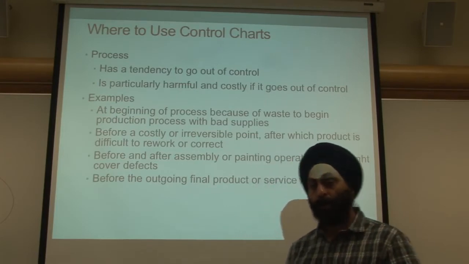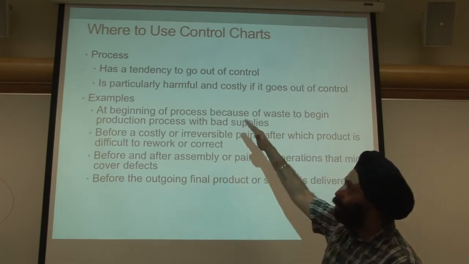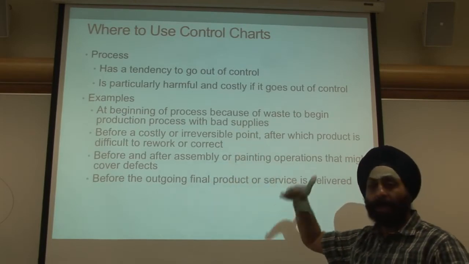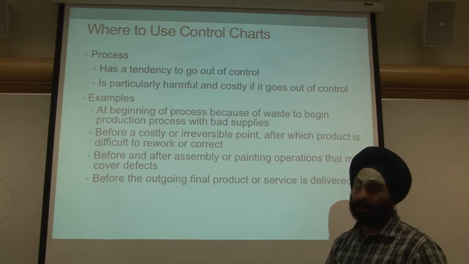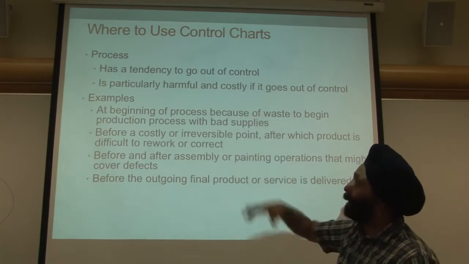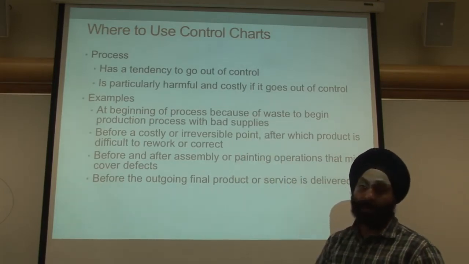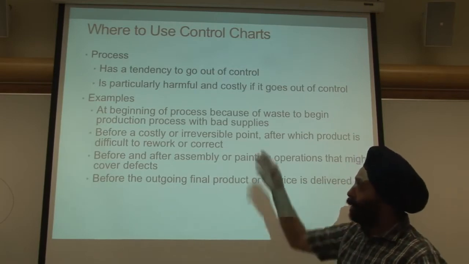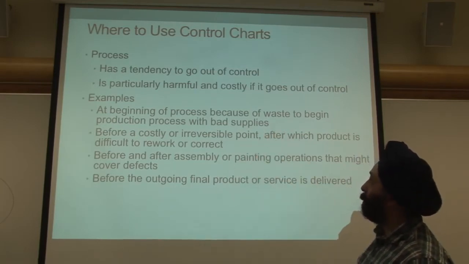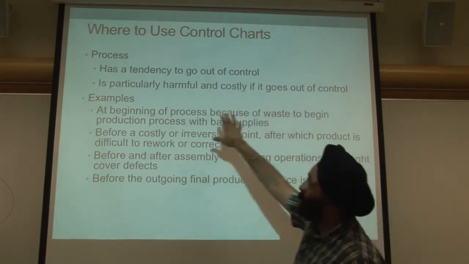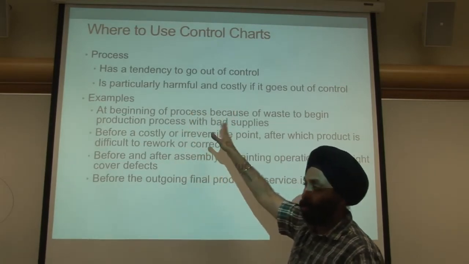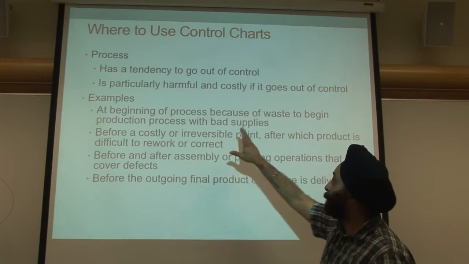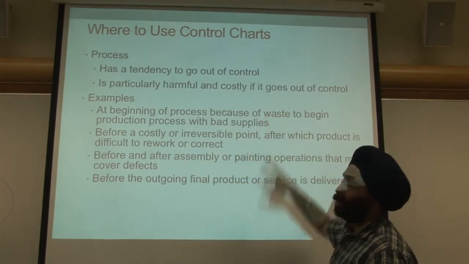So same logic, you want to use the control charts in those scenarios where process variability is there, and you want to make sure that if there's a tendency to go out of control, you can't afford to. It's pretty expensive, harmful to human beings or to the material that is being used, and expensive if things go out of whack.